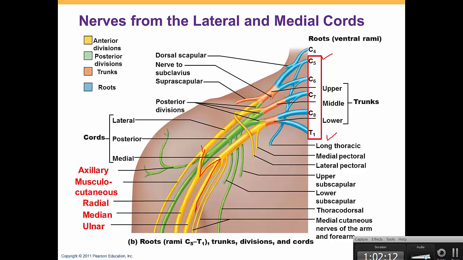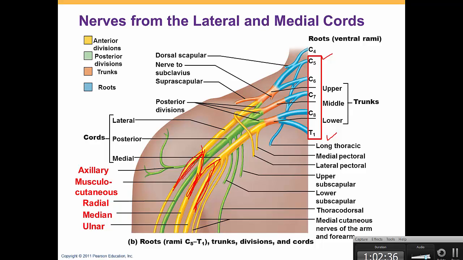You can see this M here. The middle part of the M is the median nerve. The most lateral one is the musculocutaneous nerve. And the most medial one, which is basically here, is my ulnar nerve. So this is my M.